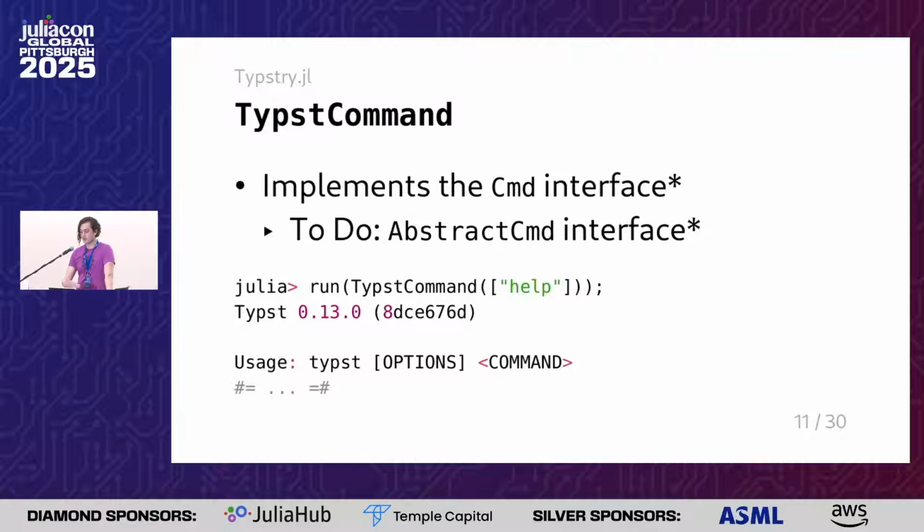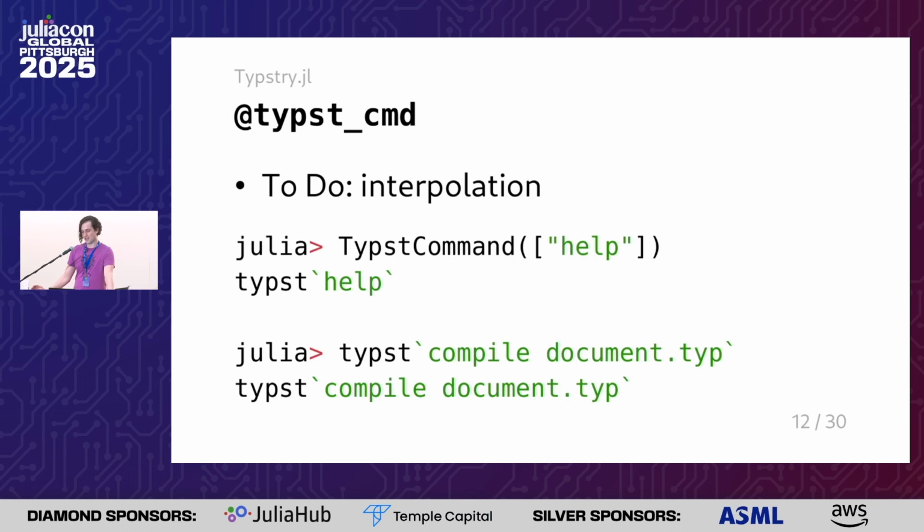Yeah, so you can see when you run this help command, the output is from the CLI itself. I've left out some of the output because it's too big for the slide. Then we also are able to construct that using a command macro. It works just fine.